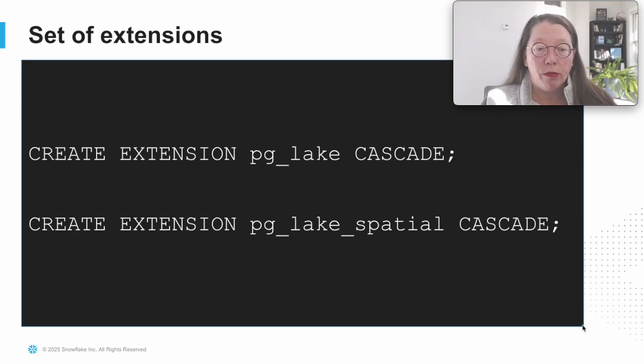But once you've got it going, it's actually a whole set of extensions. So when you create it, you'll do it as a cascade. The main extension, PG Lake, runs as that component, and then if you want to use the spatial components to it, you'll do that as a second extension install, and that will install a couple different extensions that work for the spatial use case.